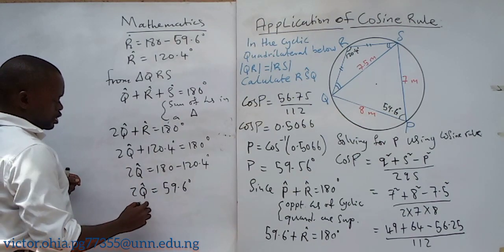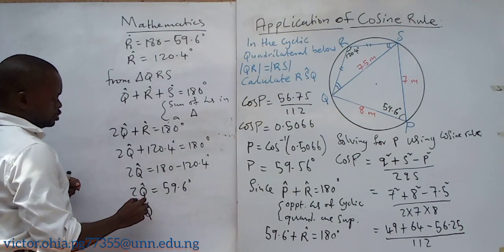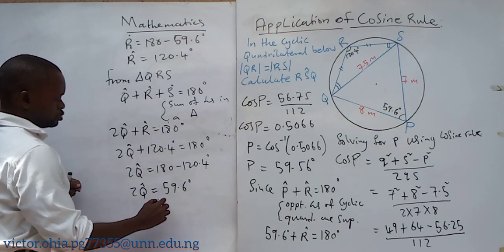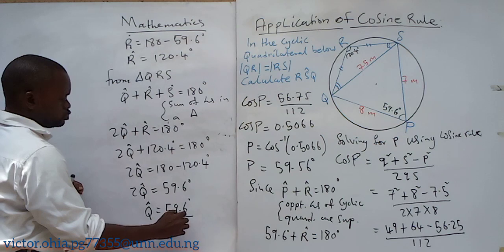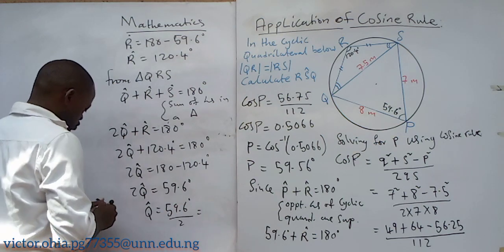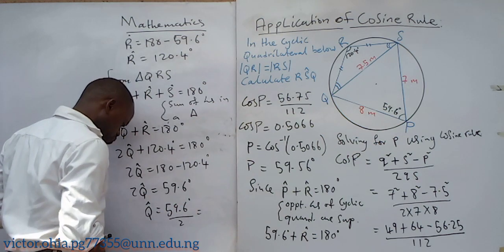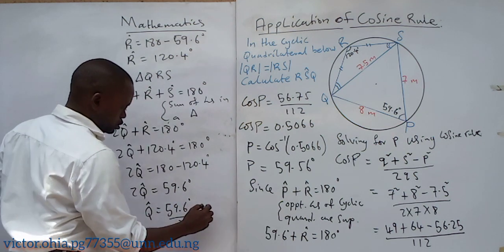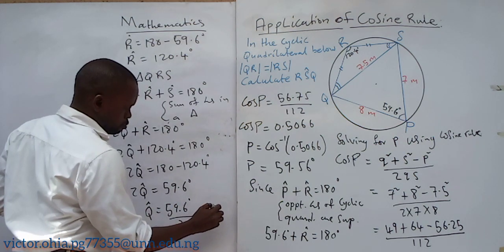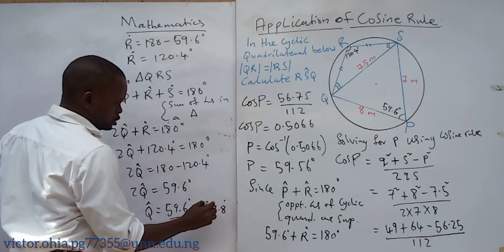So that we can now have Q. The angle at Q will be equal to 59.6 degrees divided by 2, and that will give us 29.8 degrees.